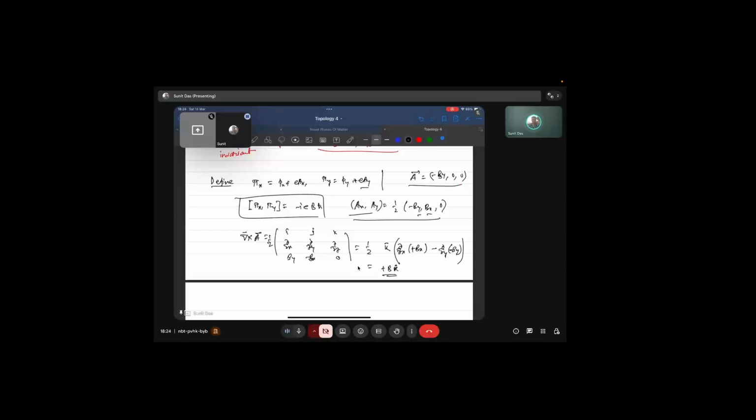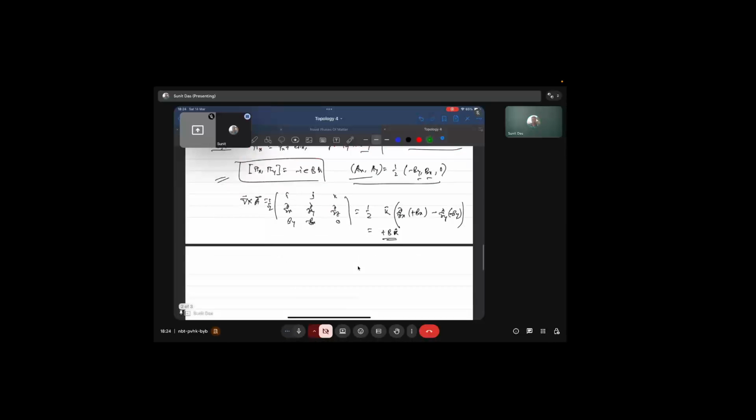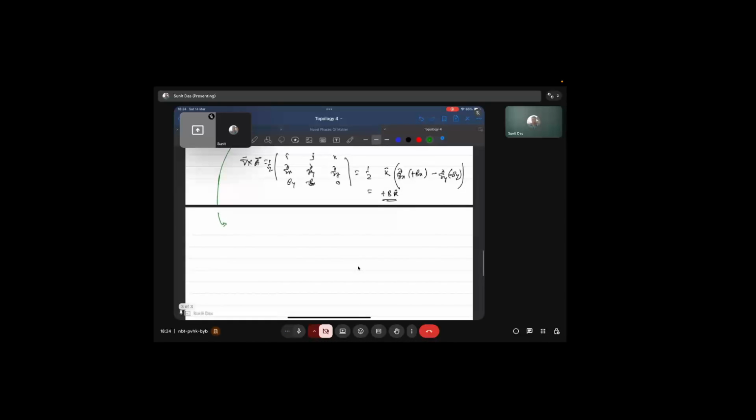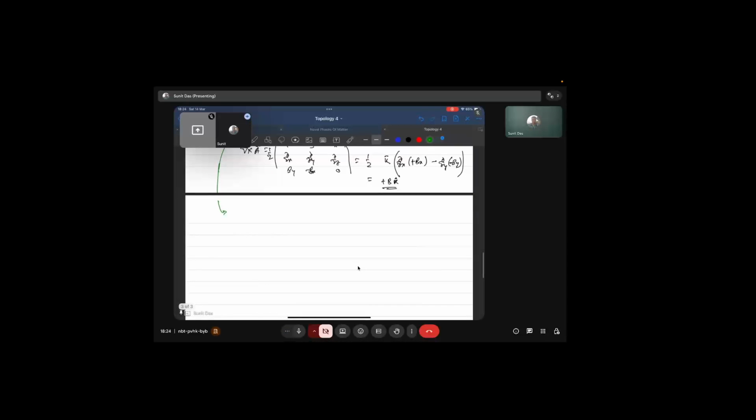Then also you will find that this relation is valid. So this commutation relation doesn't depend on the gauge choice.